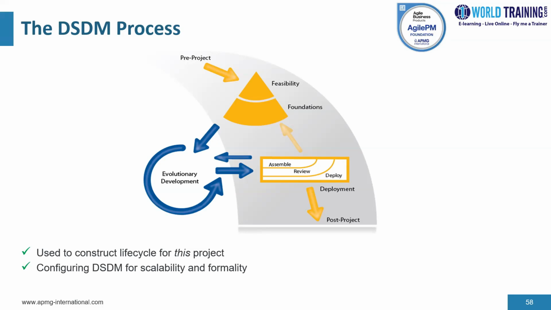Such constraints may include financial governance, architecture and infrastructure strategies, regulatory governance, etc. The DSDM process can be configured and calibrated to cater for a range of projects, be it small with light governance to large projects with very strong governance needs. Typically, this is achieved by configuring a life cycle appropriate for a specific project and determining an appropriate level of formality with which the DSDM products are defined, created, and approved.